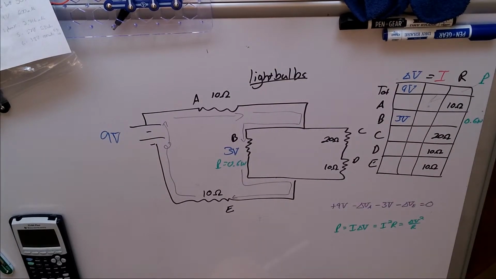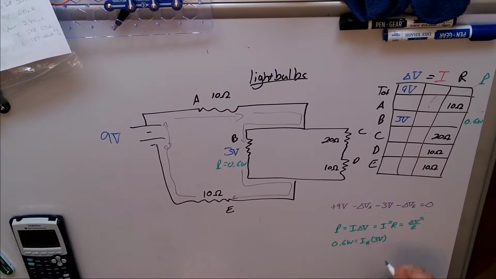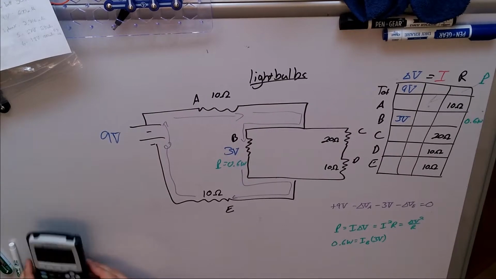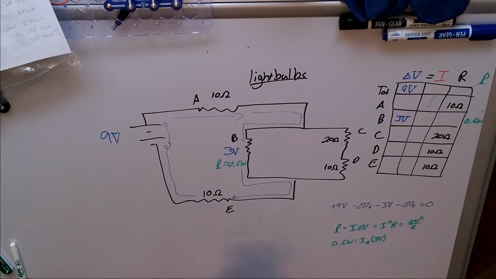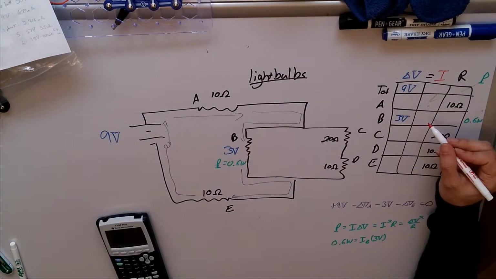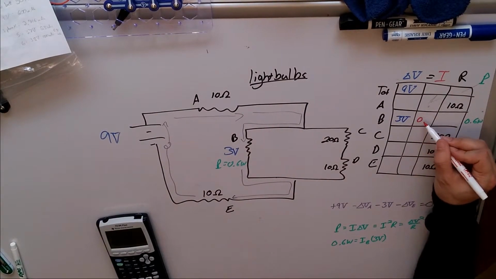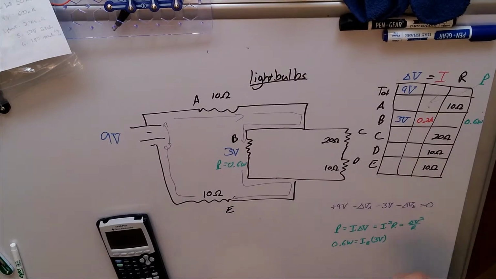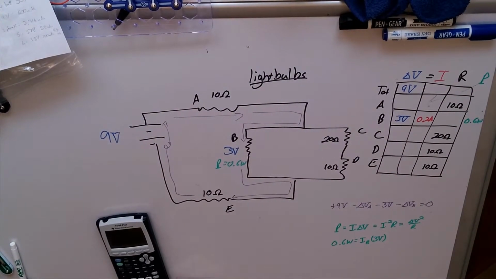Now that I've got that, I know that P equals I delta V, so 0.6 watts equals my current through B, IB, times 3 volts, the potential difference across it. So I do 0.6 divided by 3 volts, and I have now found out that the current going through B is 0.2 amp.